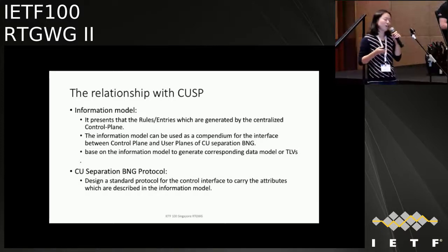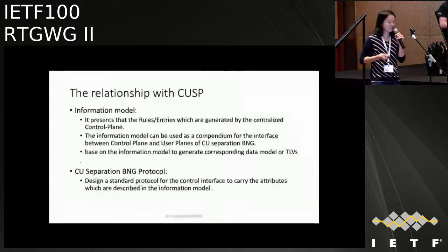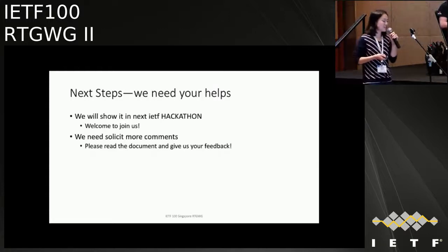As we think that the recent protocols such as NETCONF or RESTCONF are not sufficient to carry these attributes, we want to find another suitable protocol or alternative protocols to carry these attributes. That is the aim of the COSP design team. That's what they do.